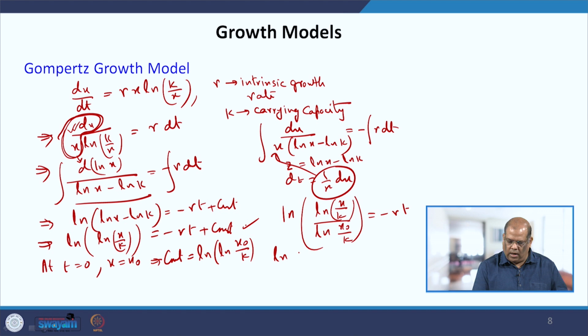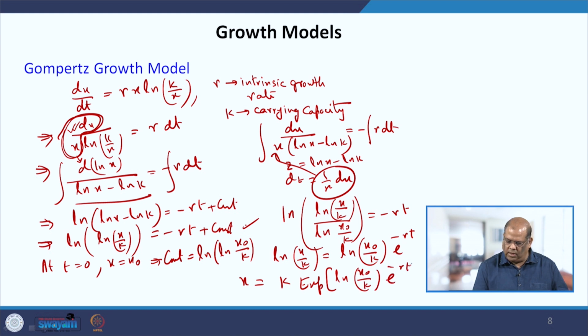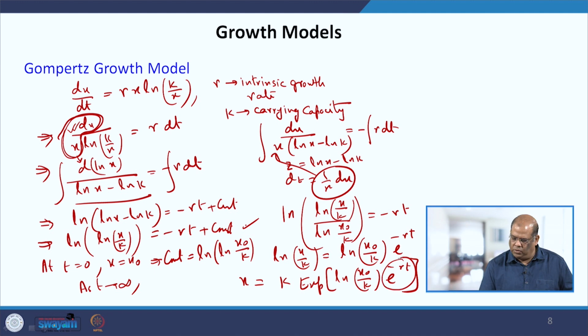So, ln x by k is equal to ln x0 by k into e to the power minus RT, and then x equal to k times again the exponential exp of (ln x0 by k e to the power minus RT). Again, in this case, you can see that as t becomes large, then this part goes to 0.